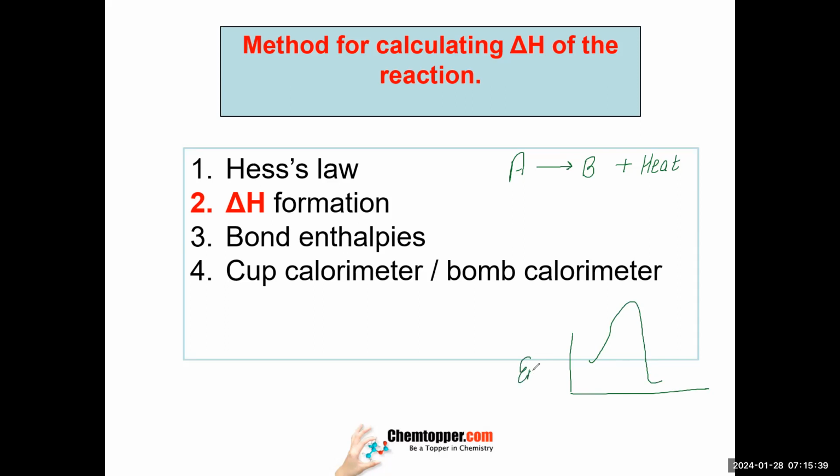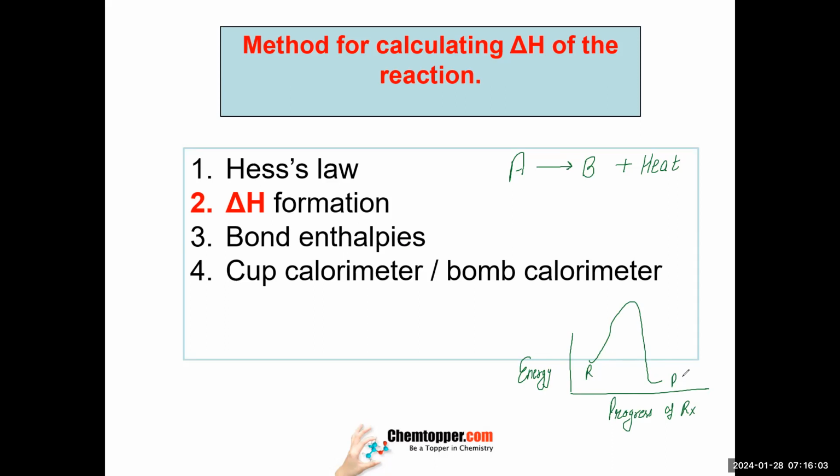Here is the energy, here is the progress of reaction, right? Now, this is the reactant. This is the product. Who is more stable, the reactant or the product? Answer my question.